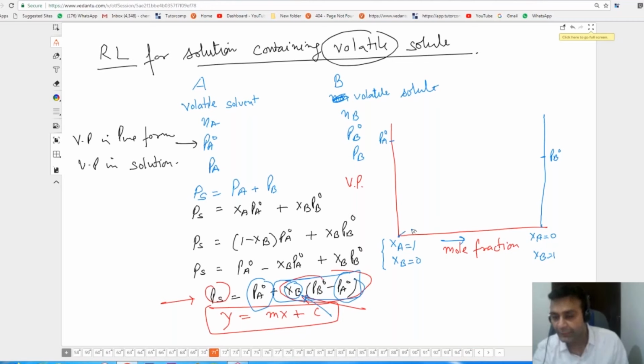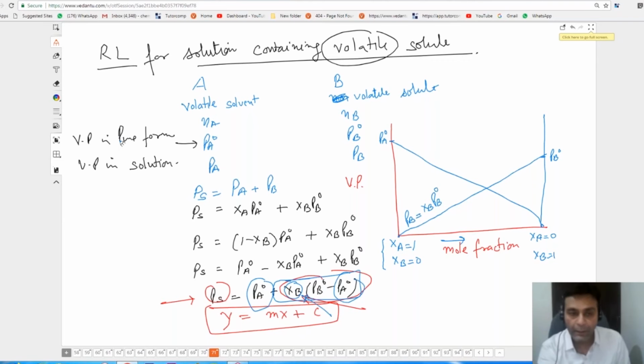So it is a straight line equation. So I'm drawing a graph, a straight line like this and a straight line like this. I can say this is the mole fraction, vapor pressure of B is equal to mole fraction into PB naught. I hope everything is clear. And here PA is equal to mole fraction of A into PA naught.